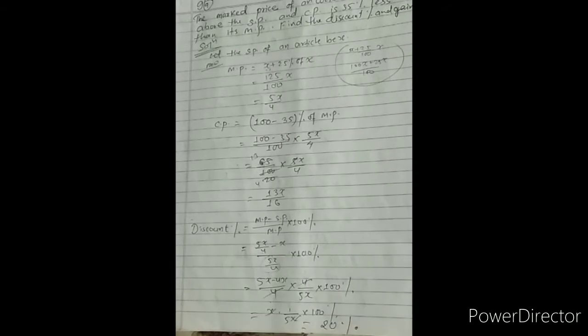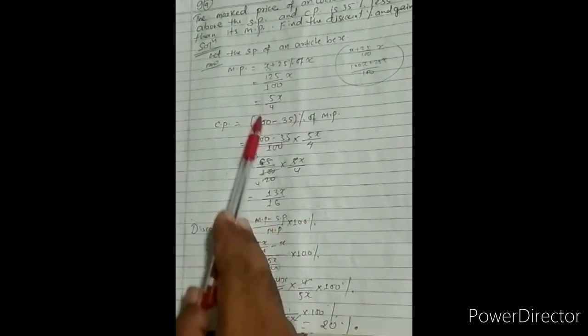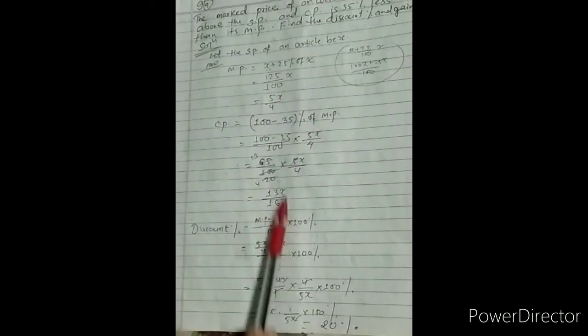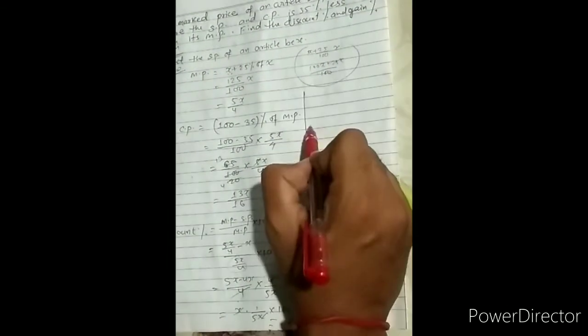Discount percent is 20%. MP minus SP by MP into 100%: in the place of MP we have 5x by 4, in the place of SP we let x. Now next you have to find gain percent. It means profit percent you have to find.